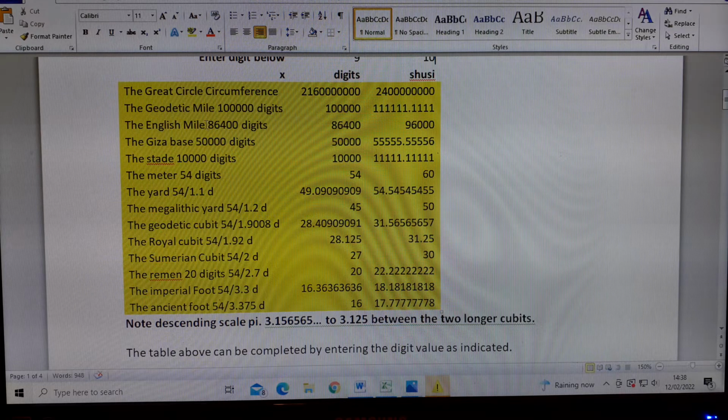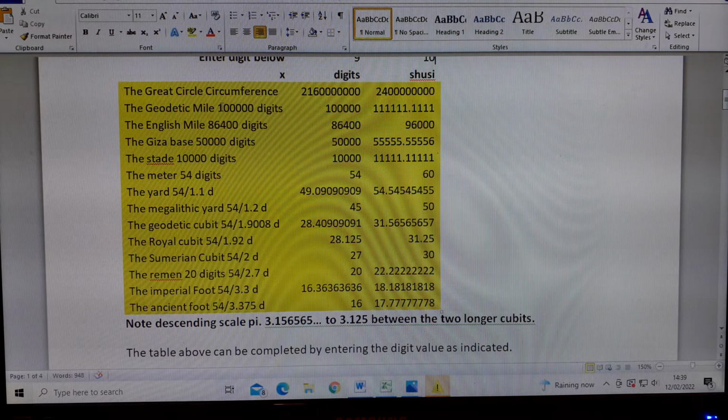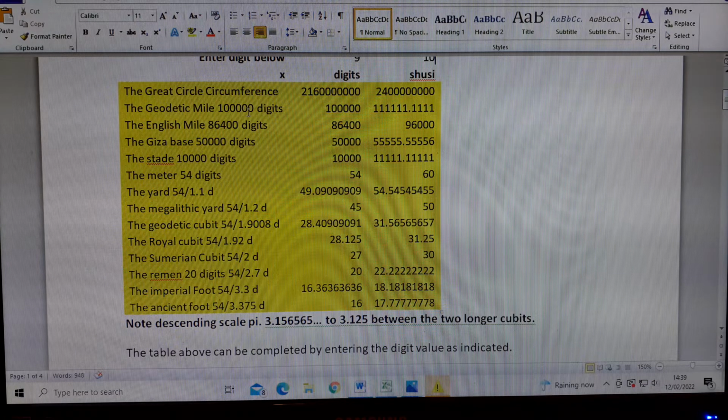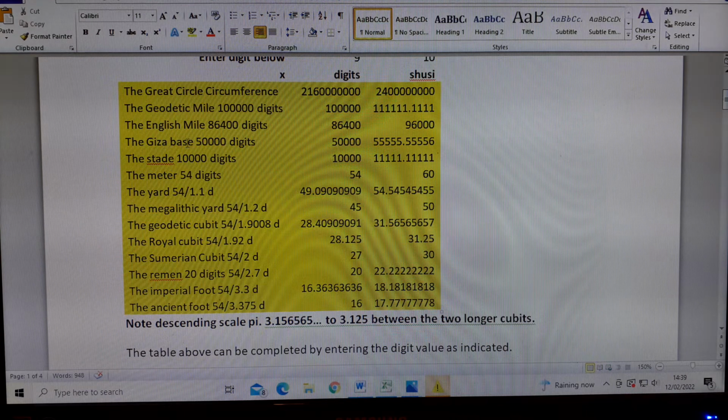The English mile is 86400 digits, and that's 96,000 Shusey. You can see the geodetic mile is 1111111.111 recurring Shusey.